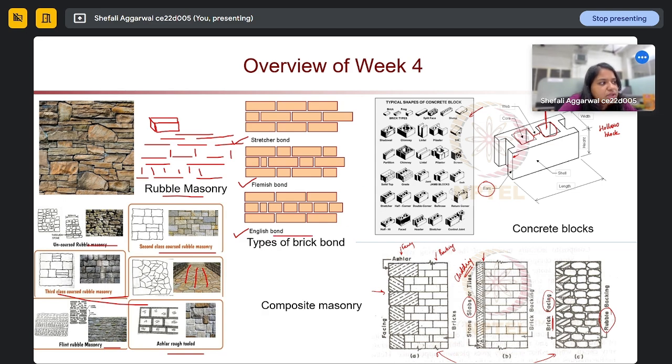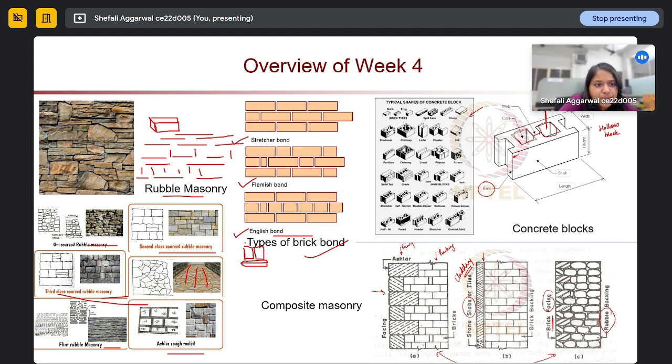These are the three types of brick bonding which we are using. Most of the time you might have seen people using English bond, like two bricks kept in this way, and then another layer will be like two bricks in this way.